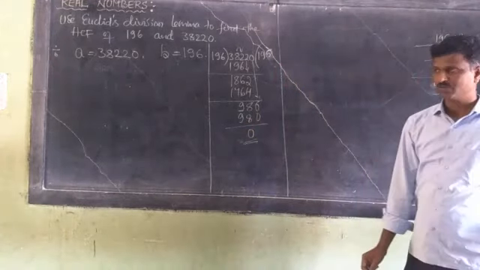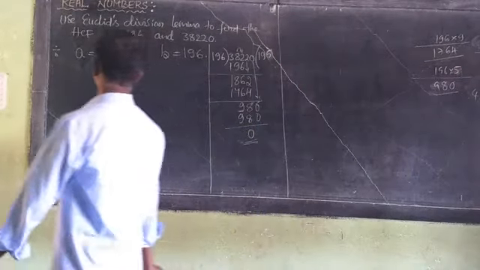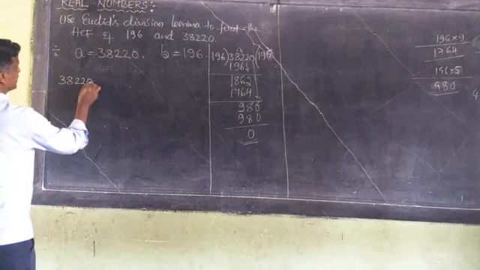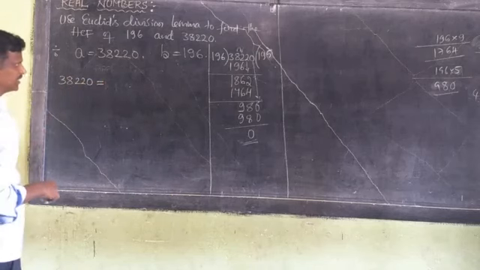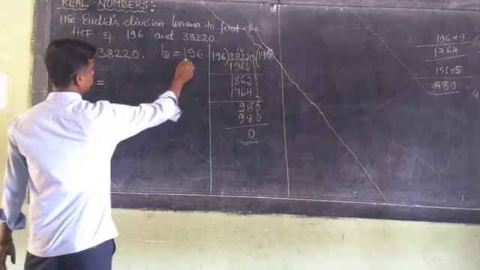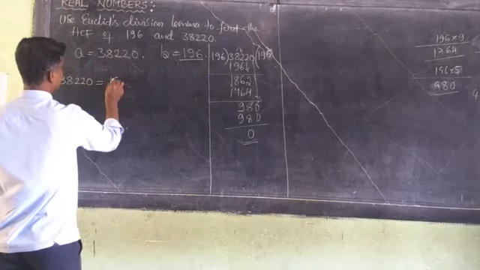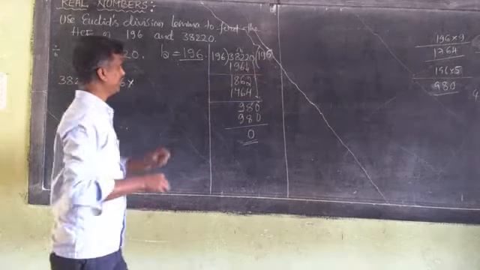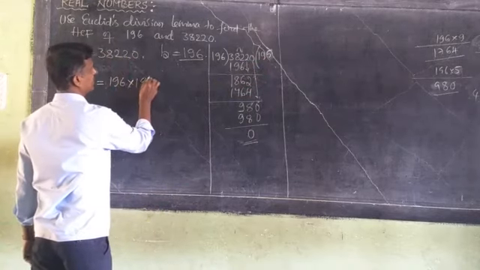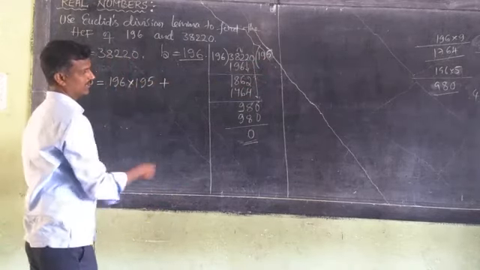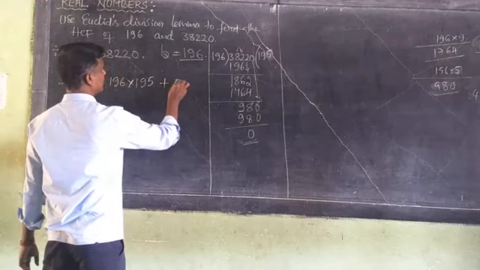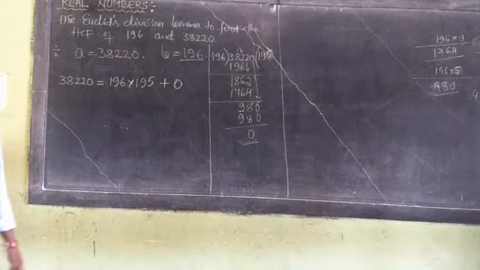The remainder becomes 0. Therefore, 38,220 is equal to the divisor 196 times the quotient 195 plus the remainder 0. Therefore, what is the HCF?